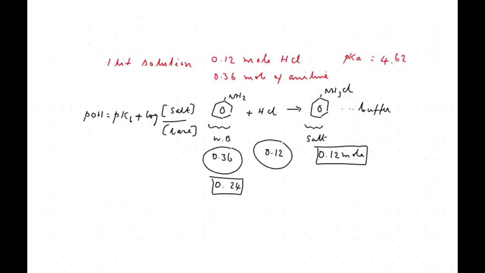So the pOH is equal to pKb plus log of salt by base. The pKa is given; you have to find out the pKb. pKb value is 14 minus 4.62. You will be getting 9.38. So the pKb value is 9.38 plus log of salt concentration, 0.12 mole, and base concentration, 0.24 mole.